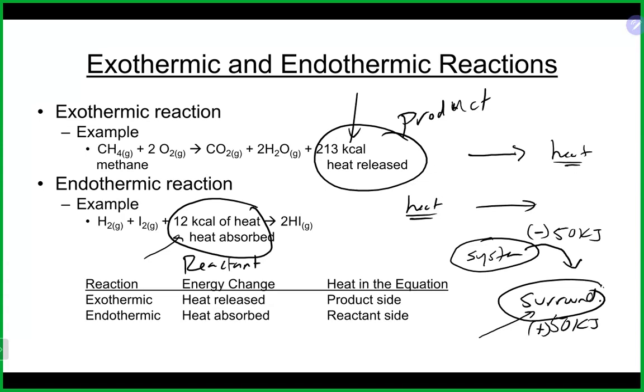This is why the negative or the positive being written into the answer is important, because with the negative 50, we understand that our system in this situation is going to be exothermic, but the positive 50, and we typically wouldn't write the positive part of it, we just write 50, would indicate that it's being absorbed. So the amount of energy going one way or the other is usually the same value, but the sign is really the only thing that changes to indicate whether it is exothermic or endothermic. Any questions on that there?